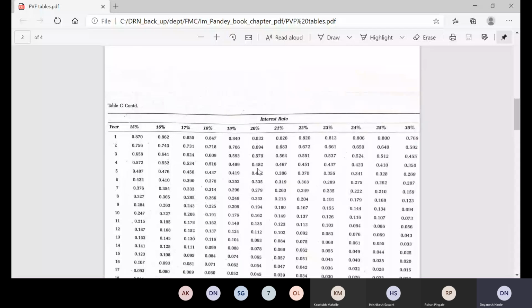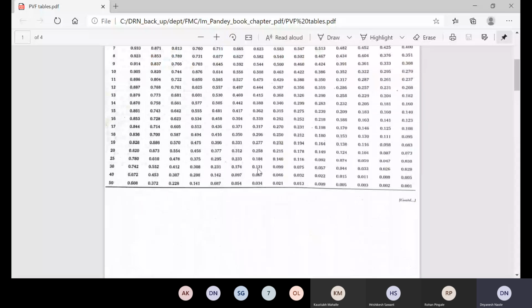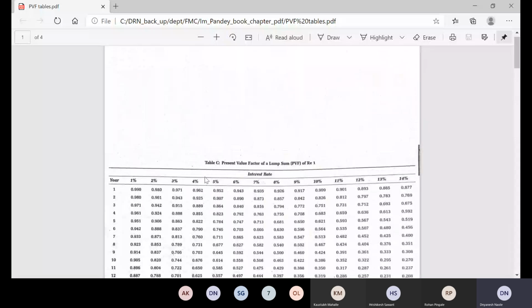Okay, so this is present value factor of lump sum, fine, for 1 year. So we need to find out where 1.2 is coming, लेकिन 1.2 किधर भी नहीं दिख रहा है.